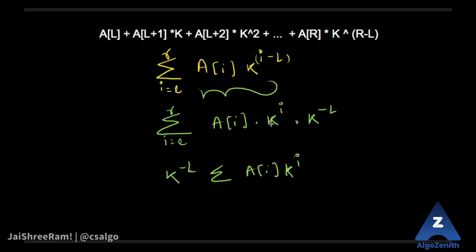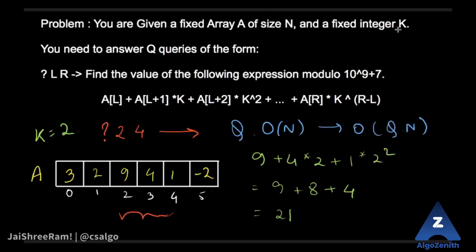Now this k over here is given and fixed, right?